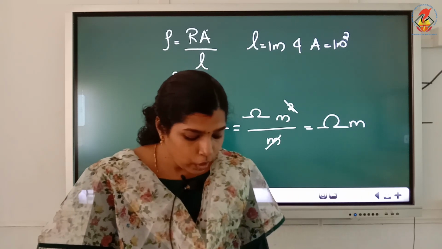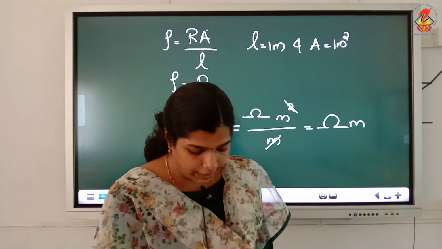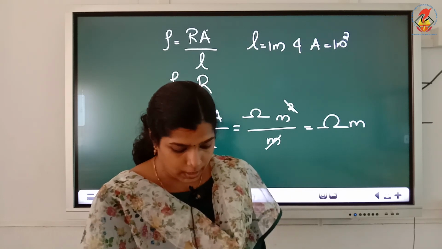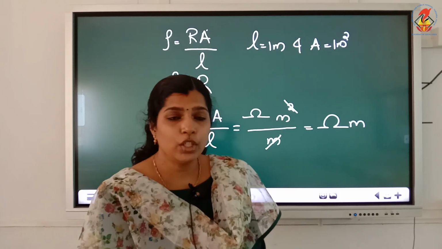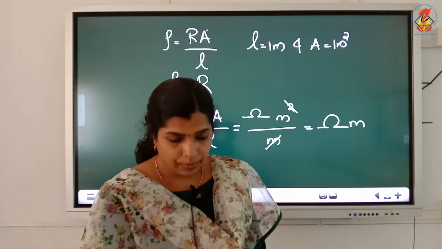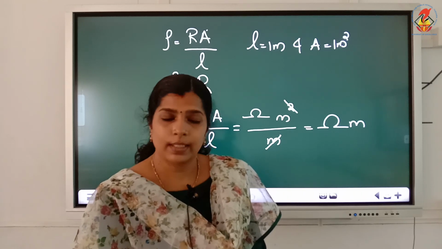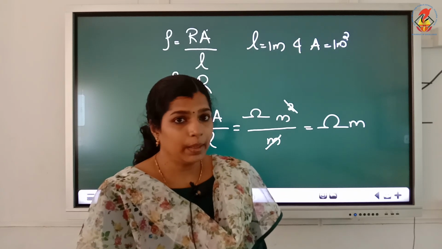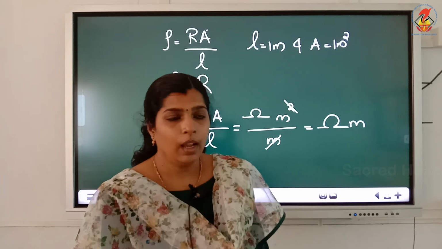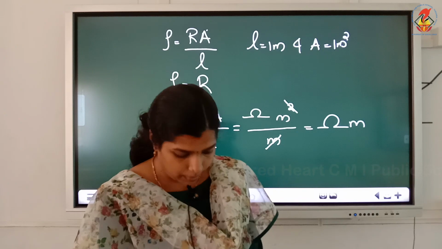Non-metals like graphite are also good conductors. Substances which have very low resistivity in the range of 10 raised to minus 8 ohm meter to 10 raised to minus 6 ohm meter are good conductors of electricity. Silver is the best conductor among the metals because of its very low resistivity, 1.6 into 10 raised to minus 8 ohm meter.